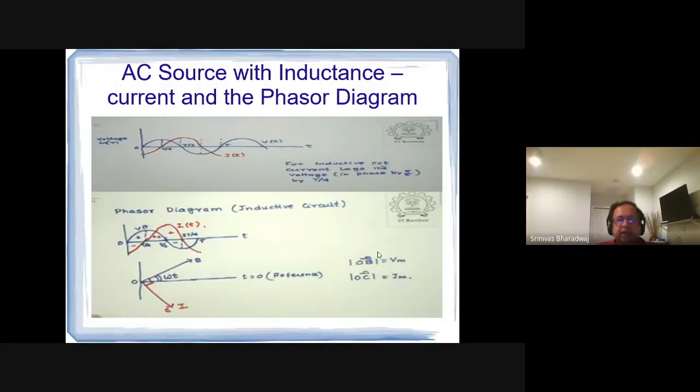The cos of the angle omega t will give you the base, and that is what drives this. Now, if something is a phase behind, the size of that amplitude will correspond to this.